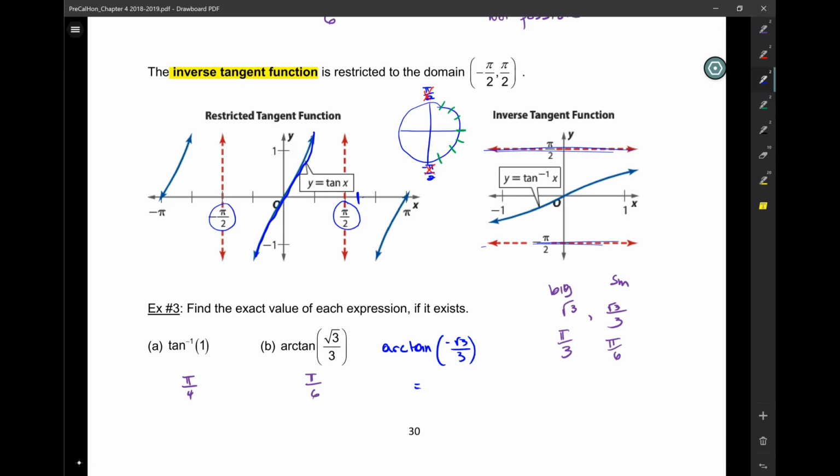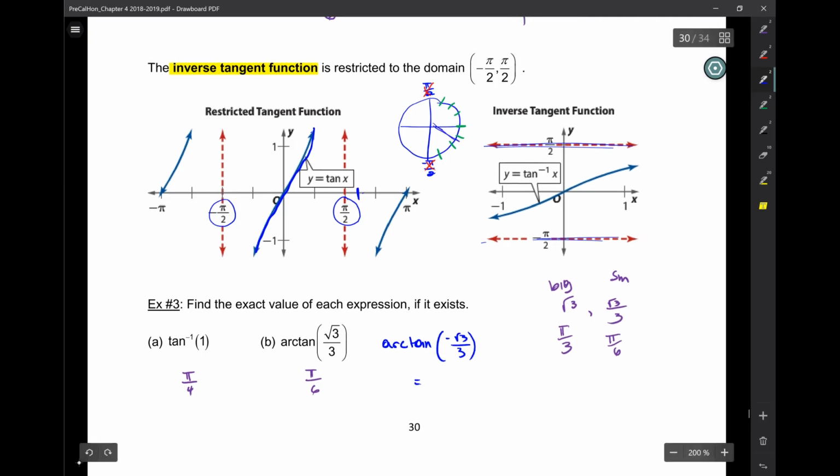Where is it defined? It's defined from negative pi over 2 to pi over 2. So it would be negative pi over 6. Negative pi over 6 here. I know it takes a little getting used to.